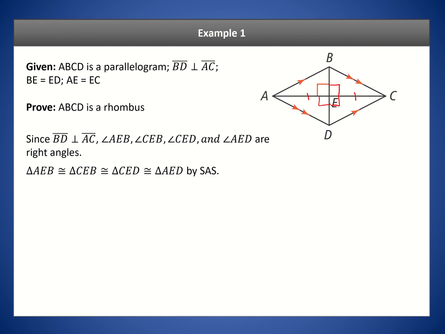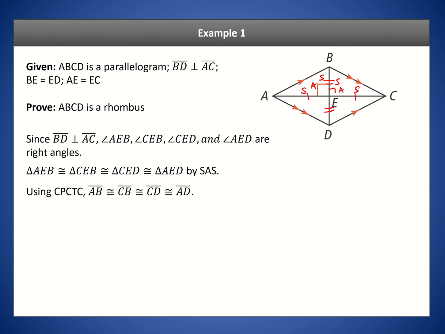Now, if we consider these triangles, because we know that BE is congruent to ED, then that must mean that if we look at these triangles, we've got a side, angle, and side, and similarly we've got a side, angle, and side. Well, we know that those triangles must be congruent by SAS. And that's the case with all of these triangles. So all of these triangles have to be congruent by SAS.